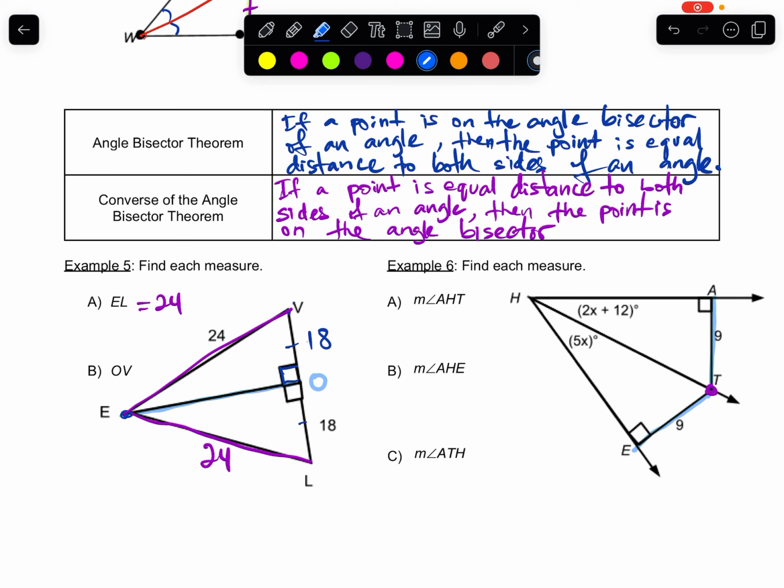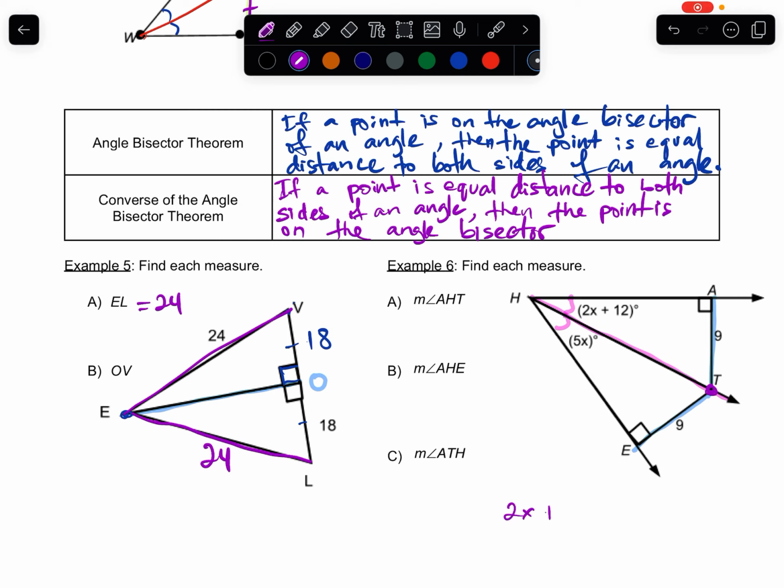That means point T must be on an angle bisector, so HT right here is an angle bisector. That means both of your angles right here must be the same. They're congruent. So let's equate them.